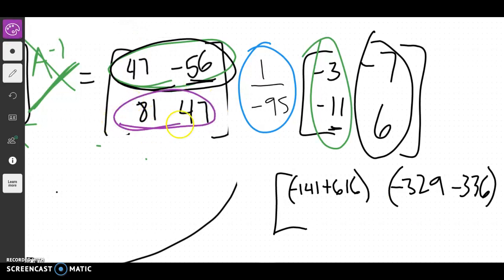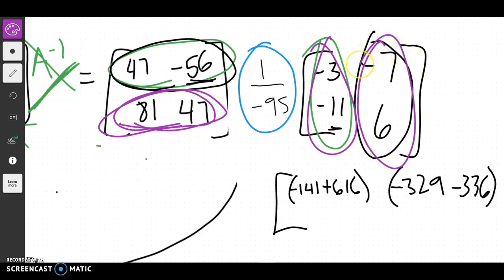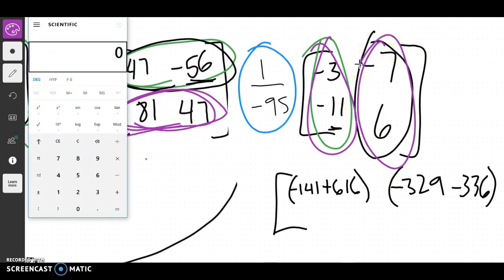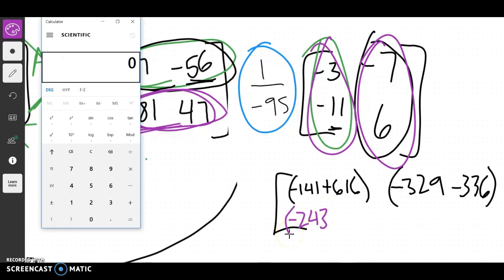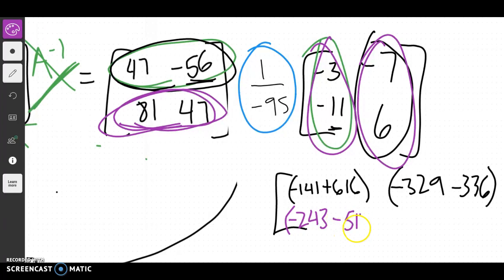Now we have this row by this column, and then this row by this column, and then we'll be done. So we have 81 times 3, which will give us negative 243. We'll have 47 times 11, which would give us negative 517.